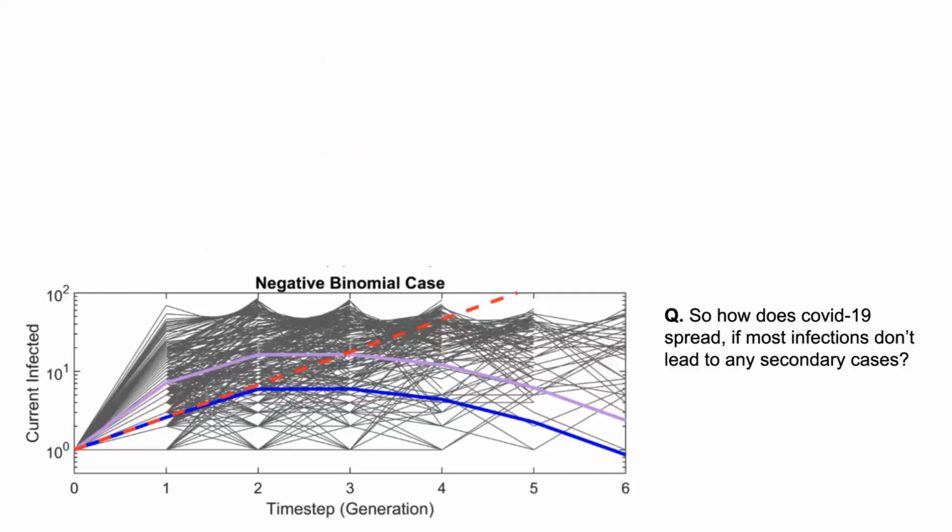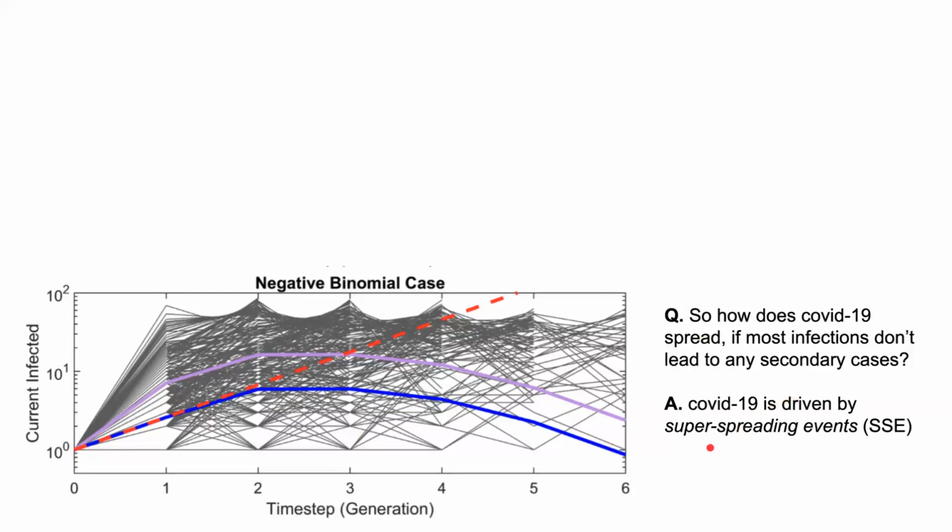So if COVID-19 operates in this way, if most infections don't lead to any secondary cases, how does COVID-19 spread at all? Well, the answer to that is that COVID-19 is driven by super spreading events.